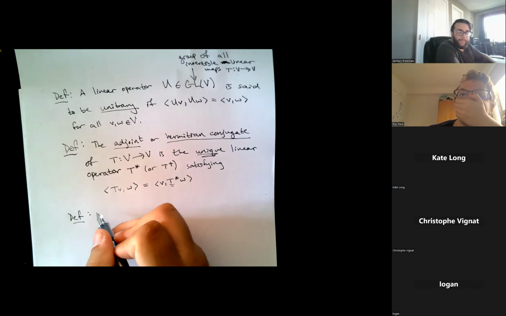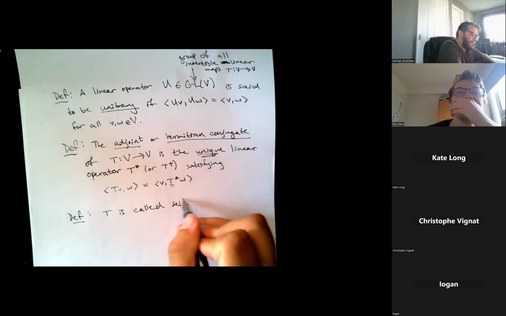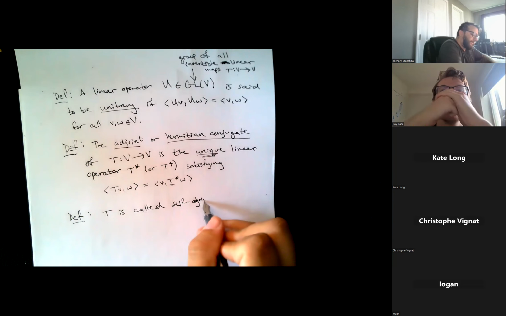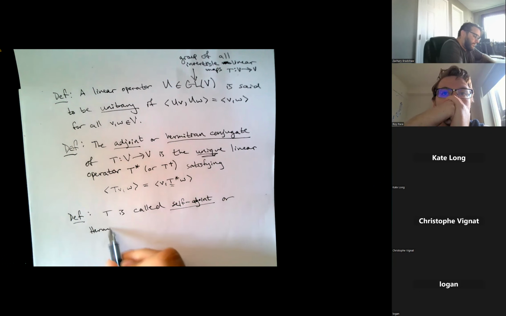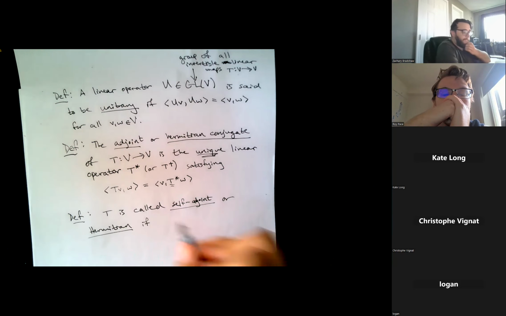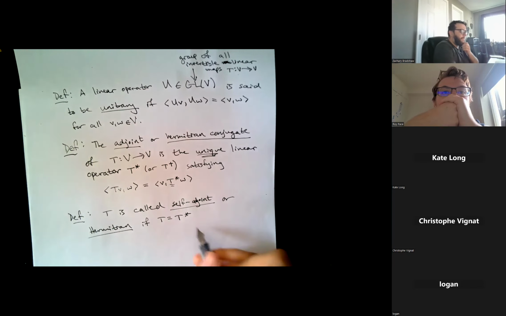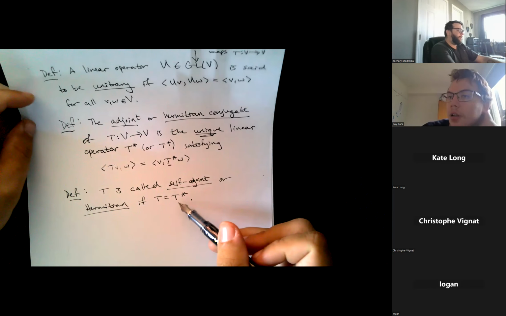Okay, anyway, a linear map T is called self-adjoint, or Hermitian, if T is equal to its adjoint. Okay, so these operators are nice.